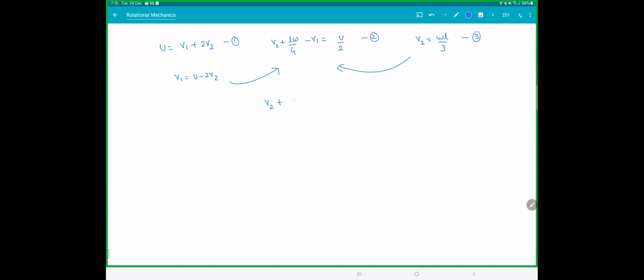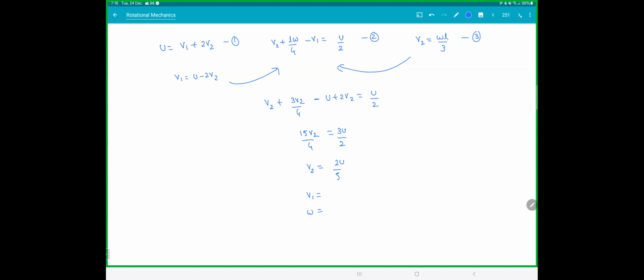V2 plus omega L is 3V2, so this is 3V2 by 4, minus V1, which is minus u plus 2V2, is u by 2. So 3V2 plus 3V2 by 4: 4 threes are 12, plus 3, 15V2 by 4 is 3u by 2. So V2 will be 2u by 5. Once I get this, I can get V1, I can get omega, I'll get everything.